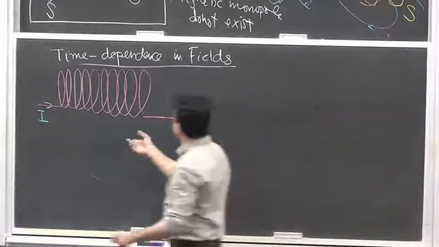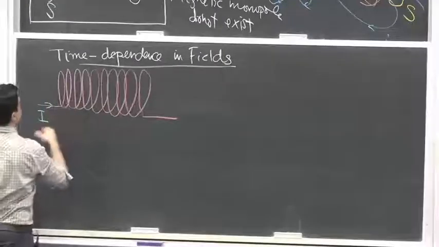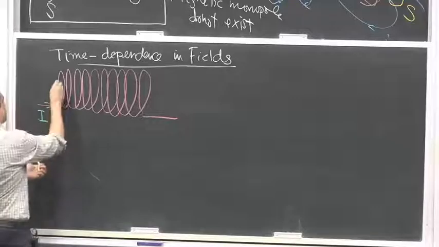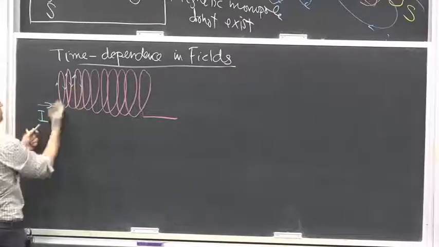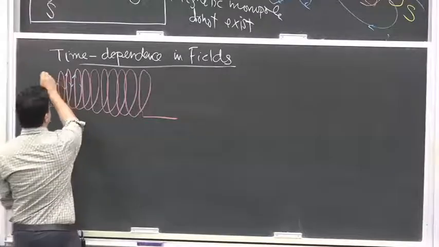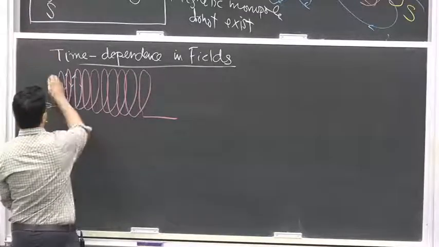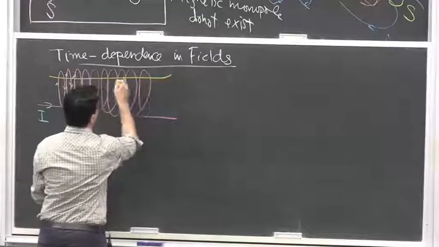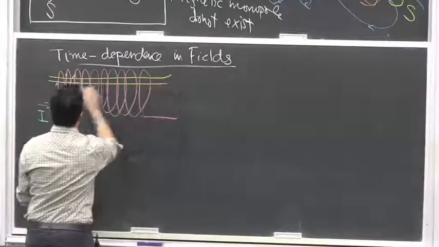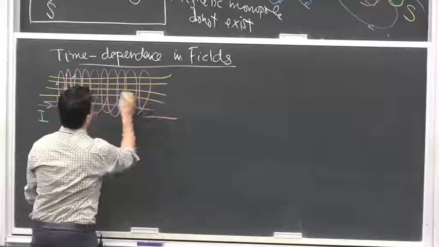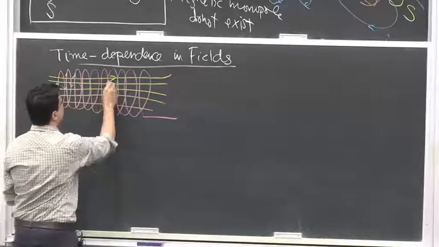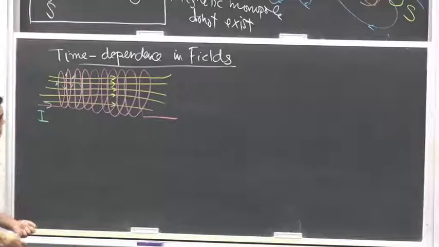So if you have the current flowing in this direction, you can say what the magnetic field direction is. So you have magnetic field lines like this produced inside a solenoid.